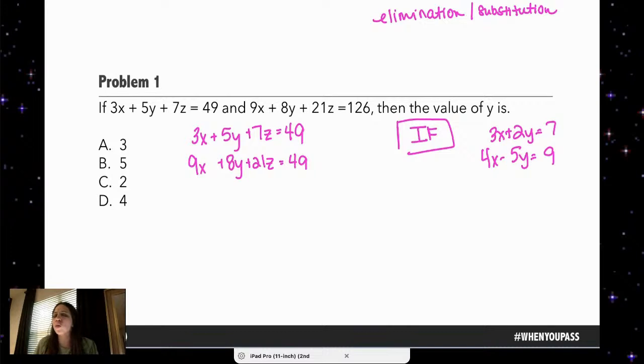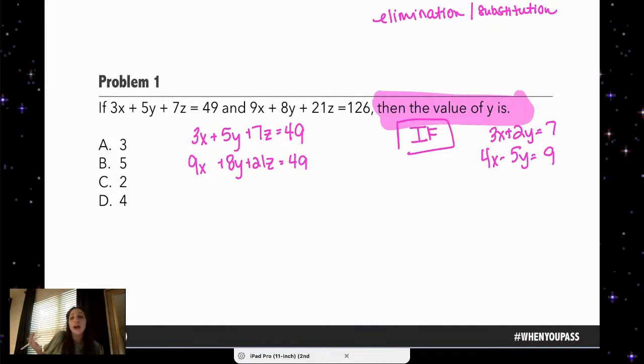Am I going to want to eliminate the y value? Definitely not the variable I want to eliminate. Why not? Because we're trying to find y. I could eliminate the y value, but that's not going to help me because I'm trying to figure out what y is.